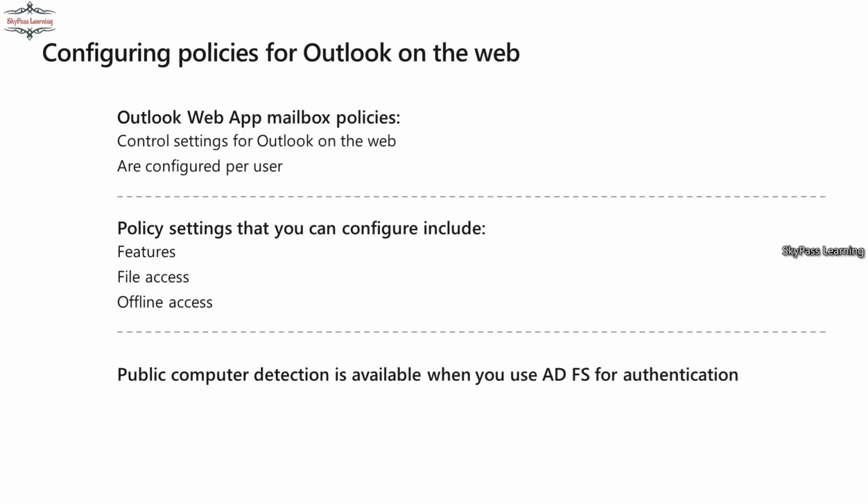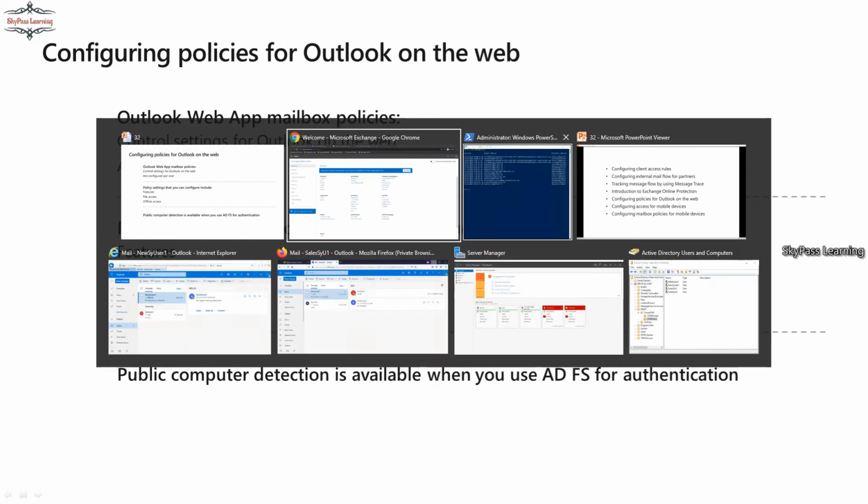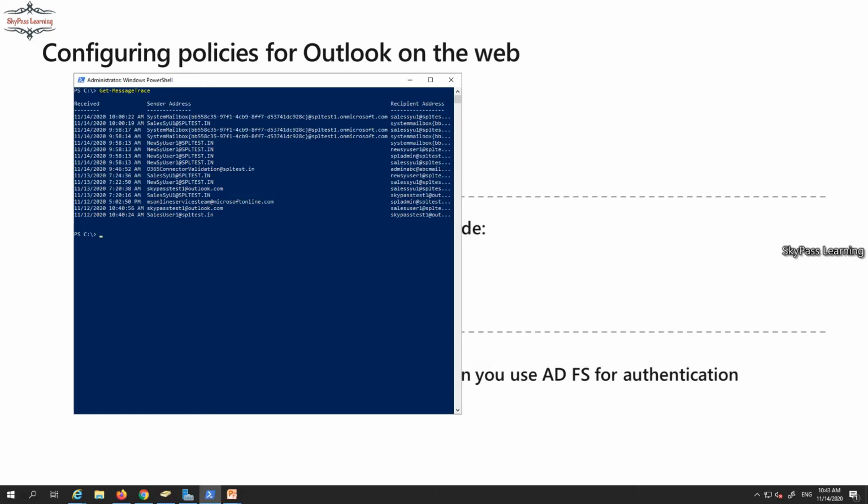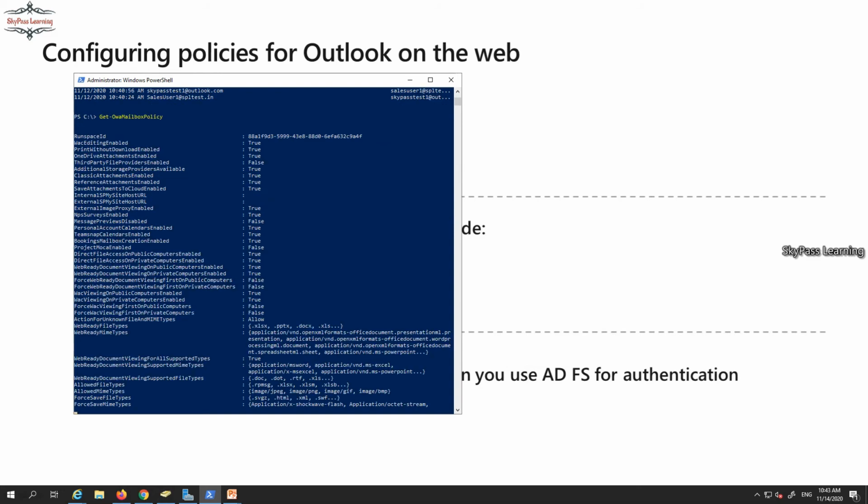So in that you can configure OWA mailbox policies. Let me quickly show you the default policy which we have right now. Just going to my shell and see. Okay, so this is what we have in the default policy right now, where a couple of things are in place.